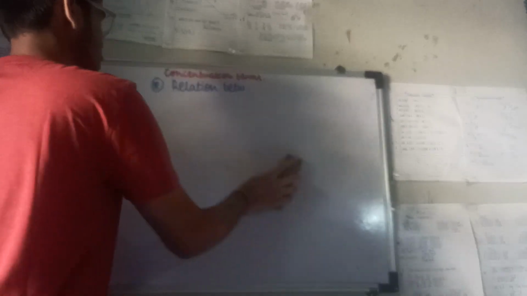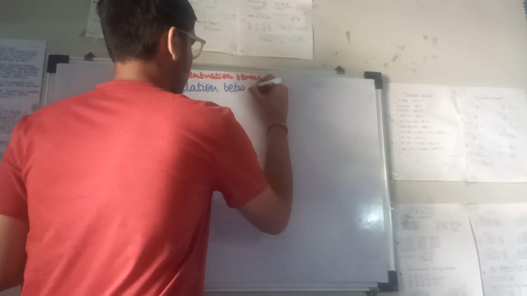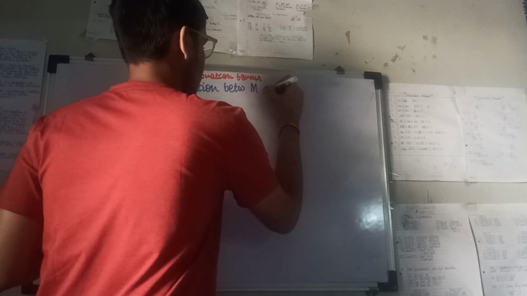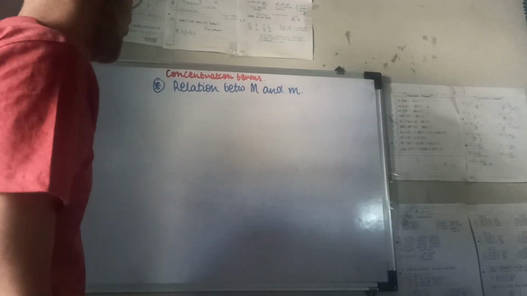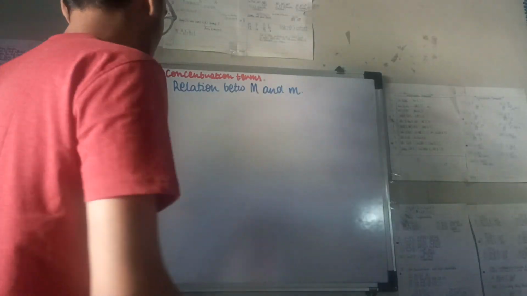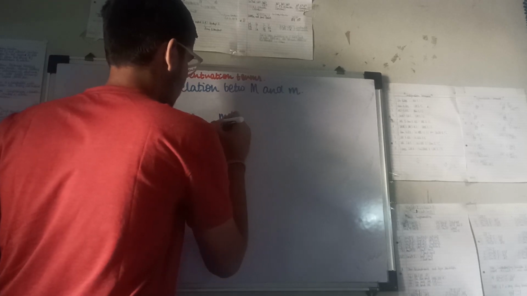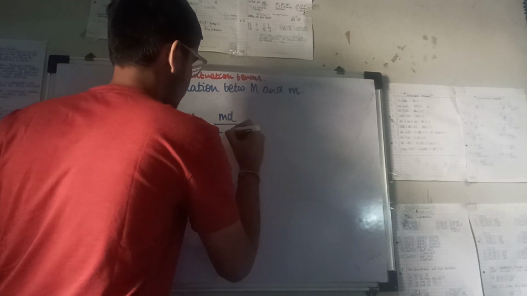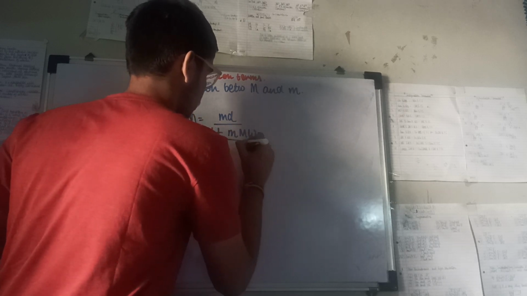Now, a very important relation. Many questions come from this topic only. Between molarity and molality. Molarity is equal to md by 1 plus m Mwb by 1000.